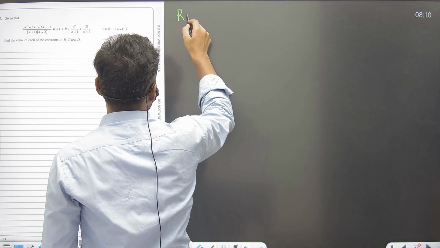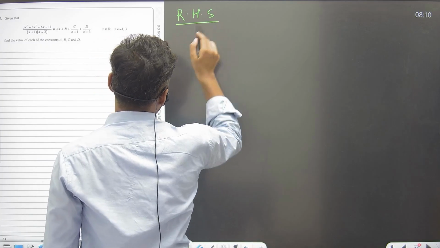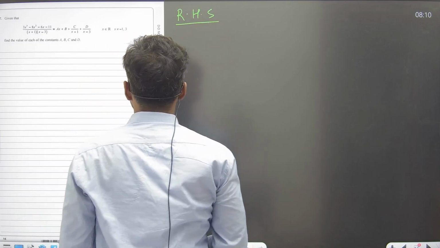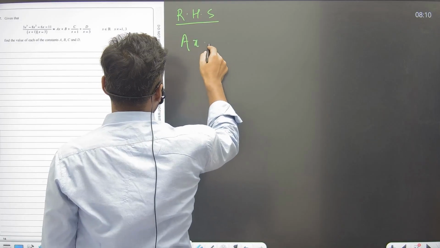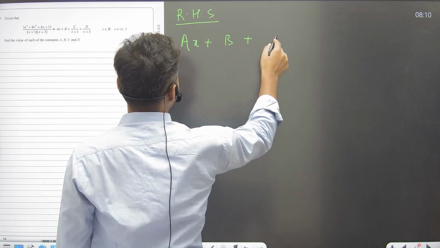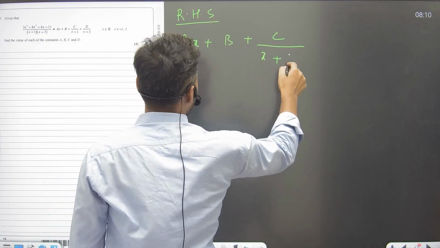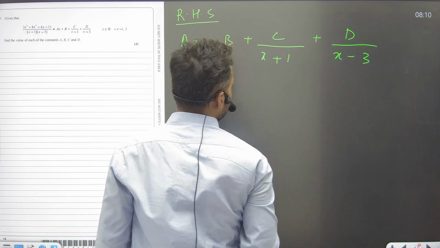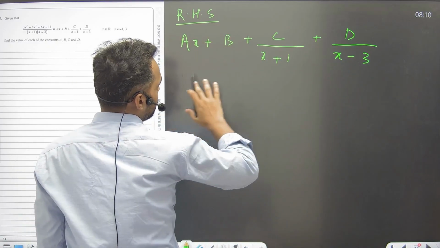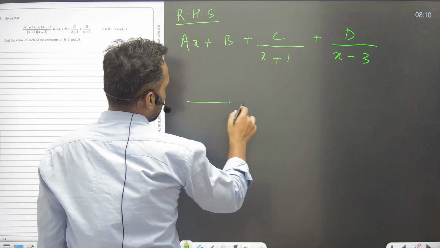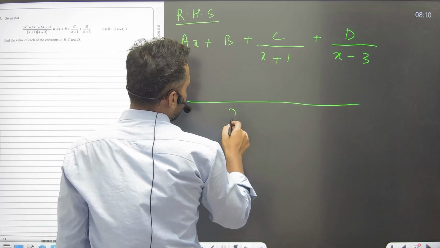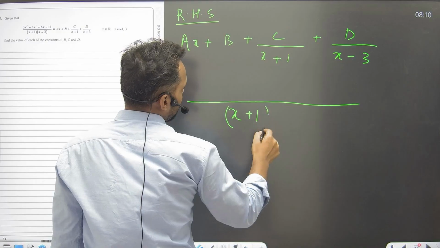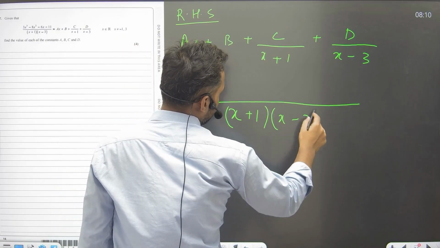First, just look at the right hand side: ax plus b plus c upon x plus 1 plus d by x minus 3. Just take the LCM of this expression. So the LCM we will get is x plus 1 and x minus 3.